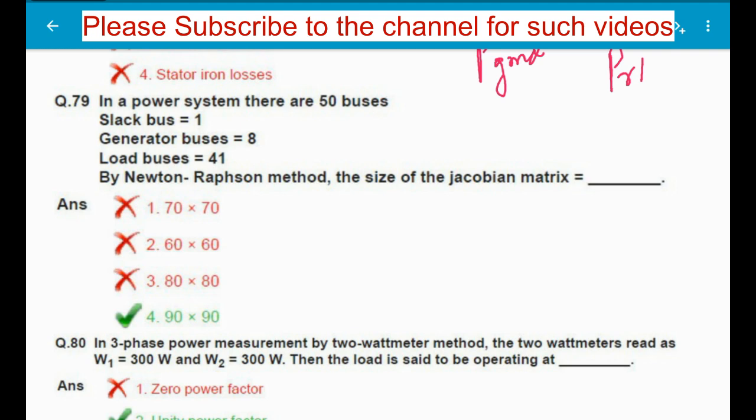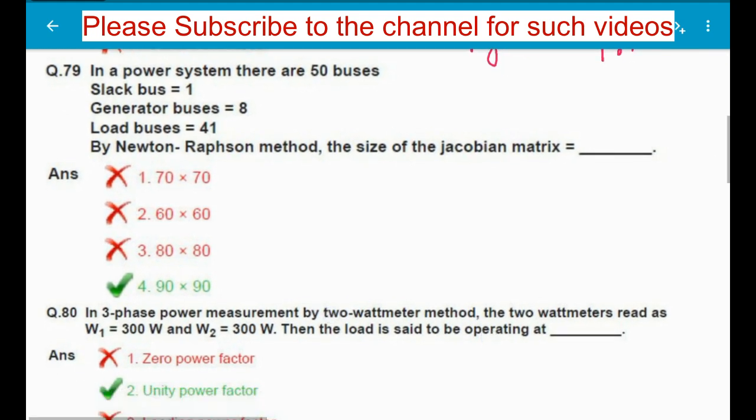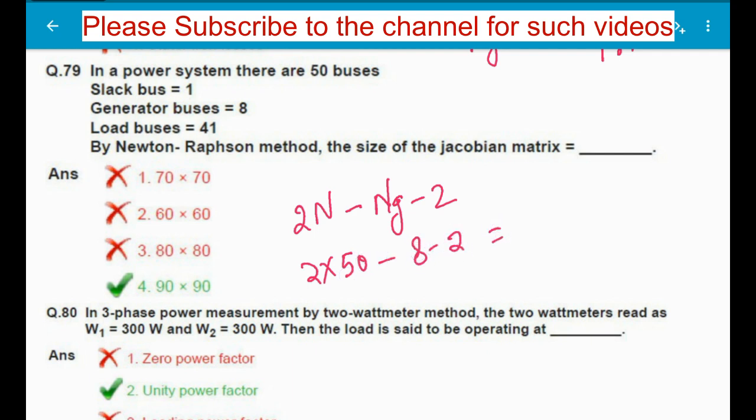So this is the question, and here we can apply the formula 2n minus ng minus 2. So what is 2n? 2 into total number of buses, that is 50, minus 8 is the generator bus, minus 2. So this is coming to be 100 minus 10, this is 90. So this is 90 cross 90.